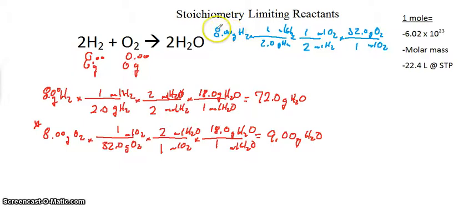So again, if you look at what I have here, I have 8 divided by 2 is 4, divided by 2 again is going to be 2, times 32 would be 64. Make sure I did that right. Yes, I believe I did that correctly. So that would be 64 grams of O2.